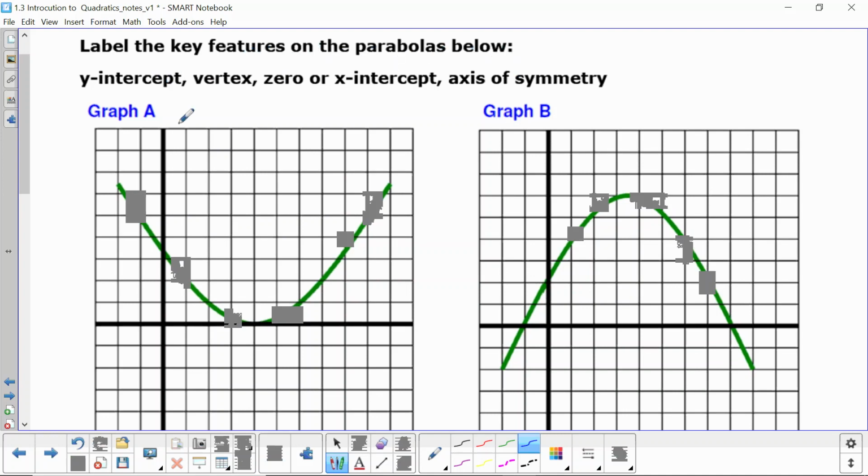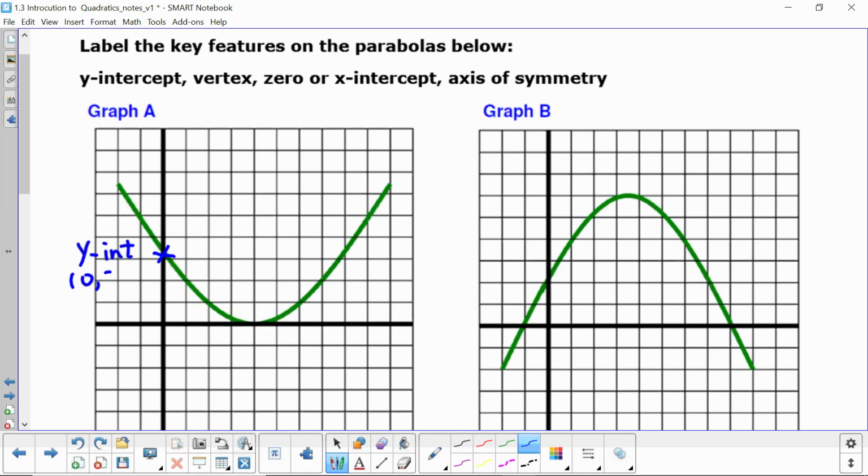So y-intercept. The y-intercept is where the graph intersects the y-axis. So this is your y-intercept. And the value for that, we are going to count 1, 2, 3, maybe 3.2, or 3 is okay. It's not exactly on that point, so maybe 3.2.